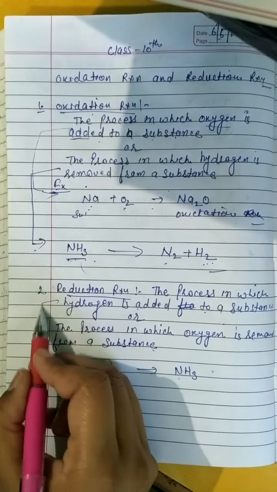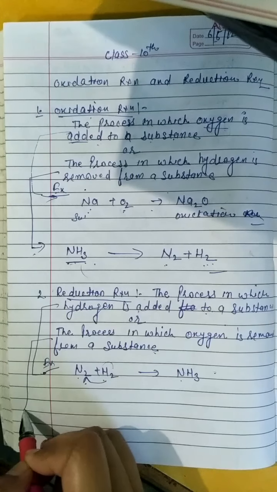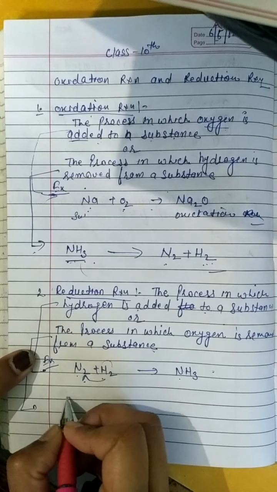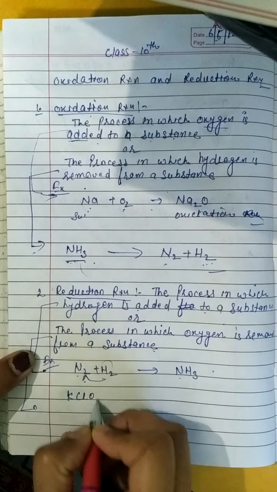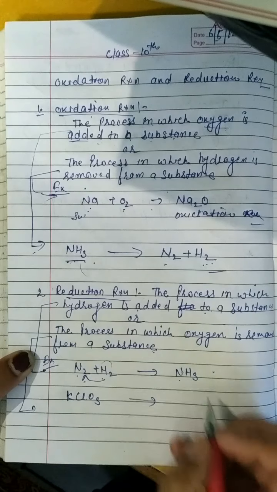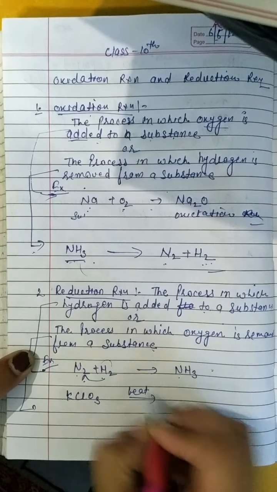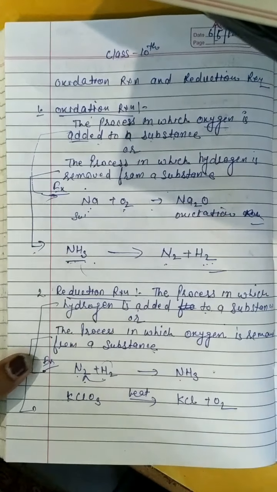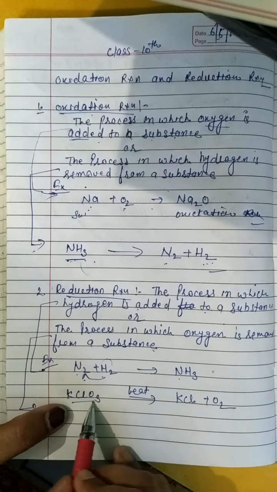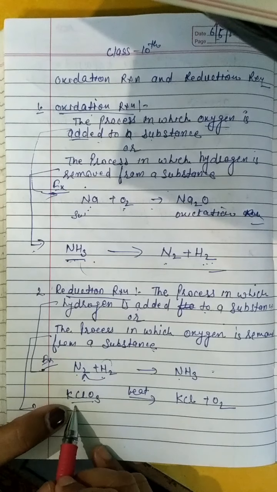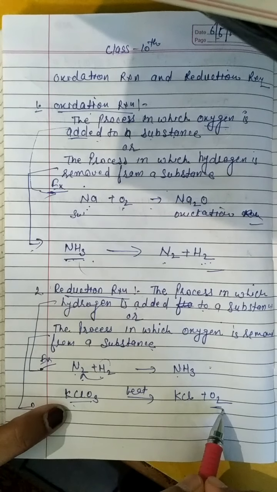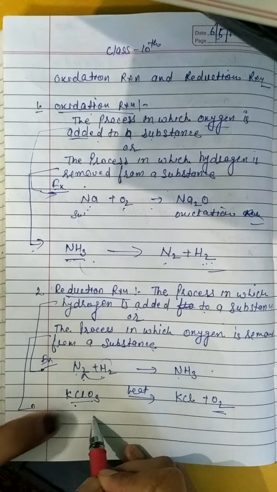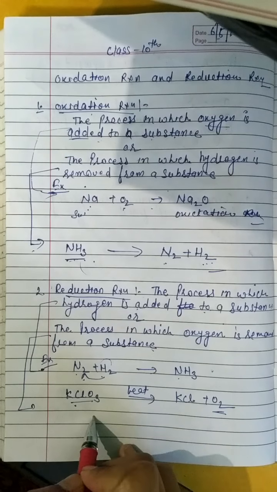The second example, according to the second definition, is potassium chloride. If we heat it, it forms KCl plus O2. Now this is a single substance. After the reaction, oxygen is removed from the substance, so that's why it is an example of a reduction reaction.